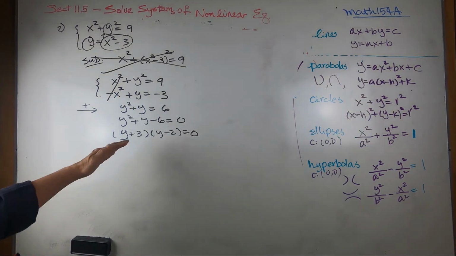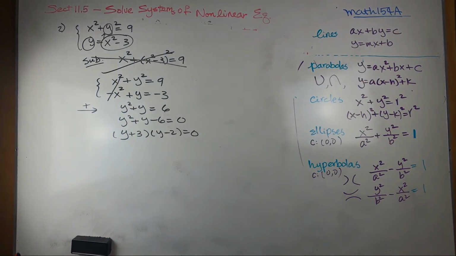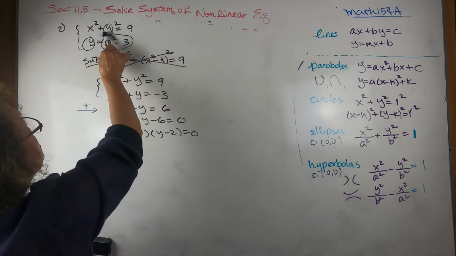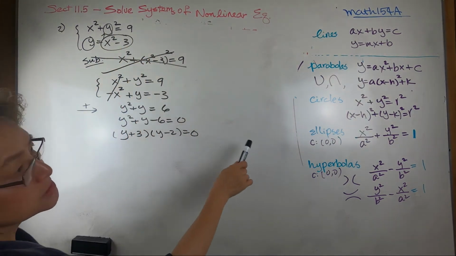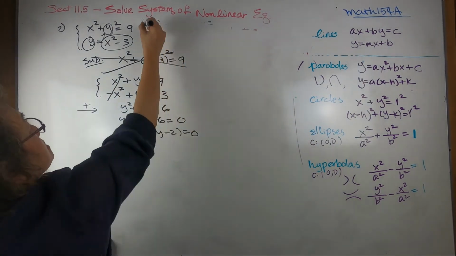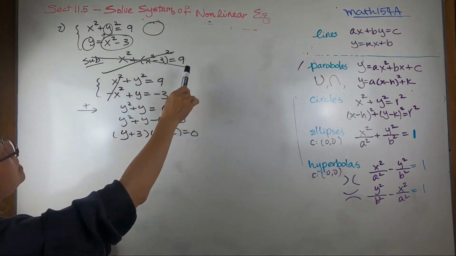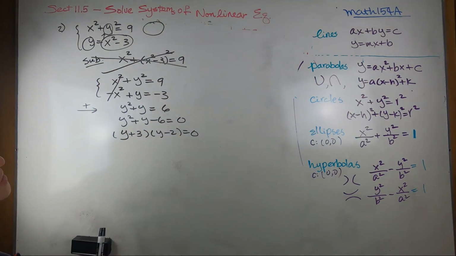But before we solve it, we should graph them first, so we know how many solutions there are possibly going to be, right? So you look, the first one, x squared plus y squared equals 9, which would be what? A circle. So this one will be a circle. The second one, y equals x squared minus 3.